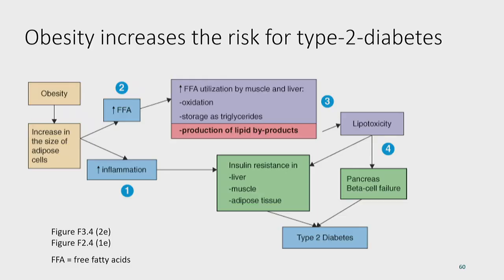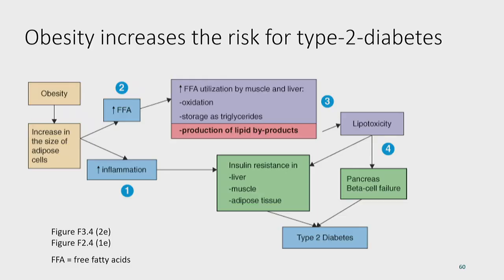So this flowchart illustrates the relationship between obesity and the development of type 2 diabetes. As one gains weight, the size of the fat cells or the adipose tissues increase. And this increase in the size of adipose tissue cells changes the body's metabolism in two ways.